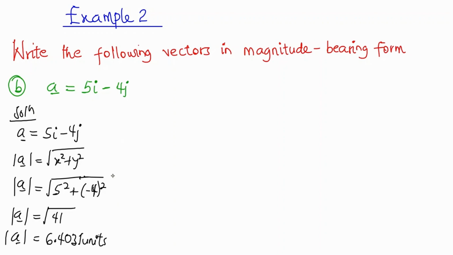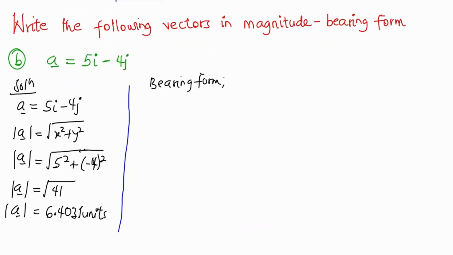Now the next one is for us to find the bearing. Once you have the magnitude, then we find the bearing. In getting the bearing, it becomes easier if we represent it in diagram form. So first, we should have a Cartesian plane here.